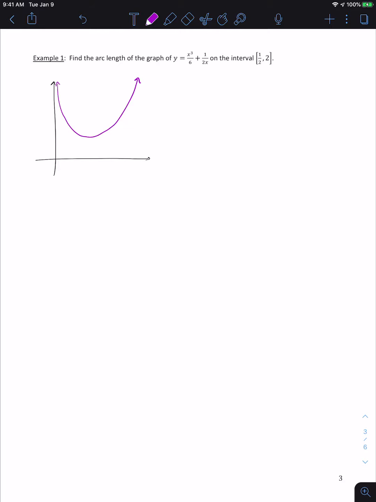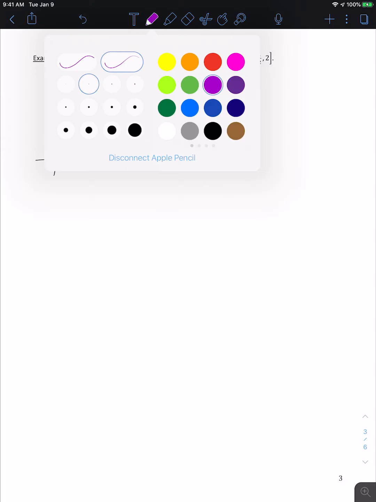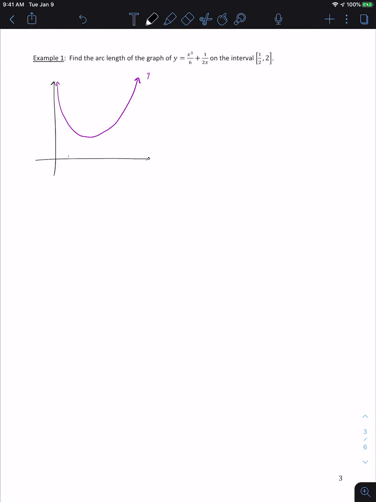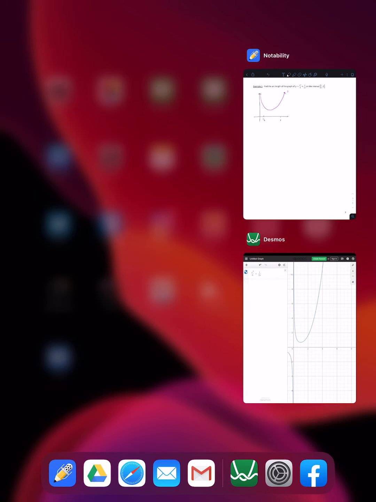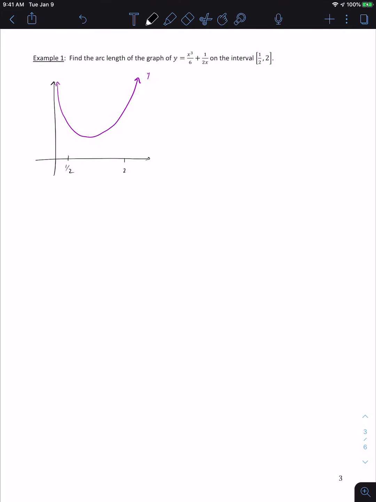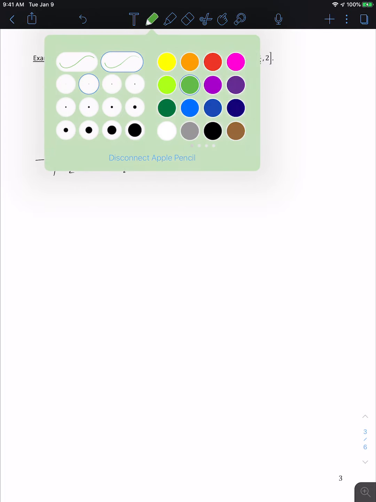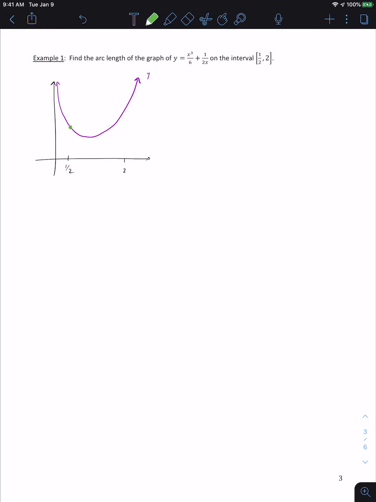So this is our graph of y, and we want to go from 1/2 to 2, and that looks pretty good. What we're trying to find here is this length from here to there.